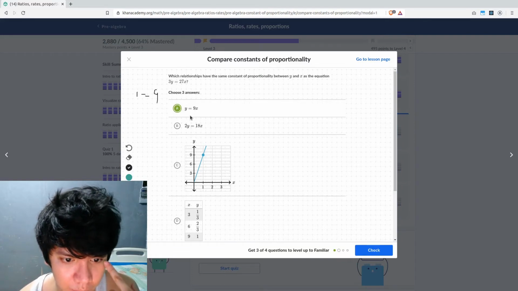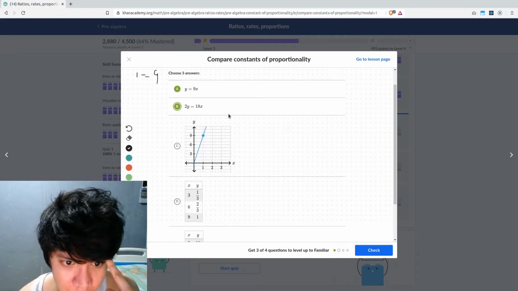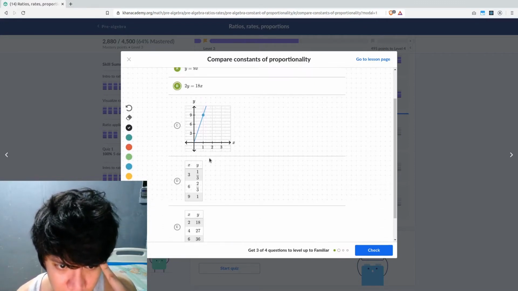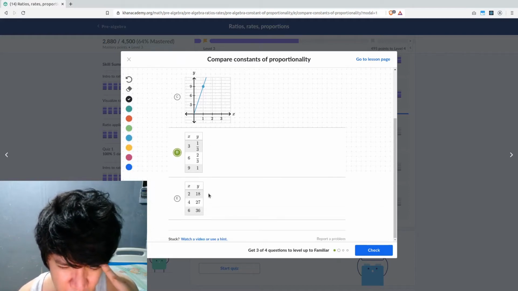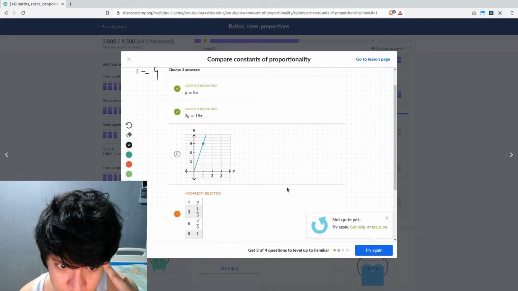This one will work. This one will work as well. 3 answers, either of these. Okay, this one will work as well. So if we have x as 9, then we have 1 y. 2, 6, no, this is insane.